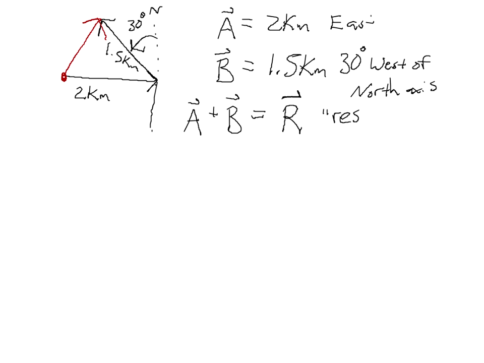I'm not sure why we don't just call it the result. I think it's because resultant sounds more technical. So it makes you sound smarter if you say resultant instead of just result. So this red line that I drew in that triangle, okay, that represents vector R, which is the sum of A plus B.